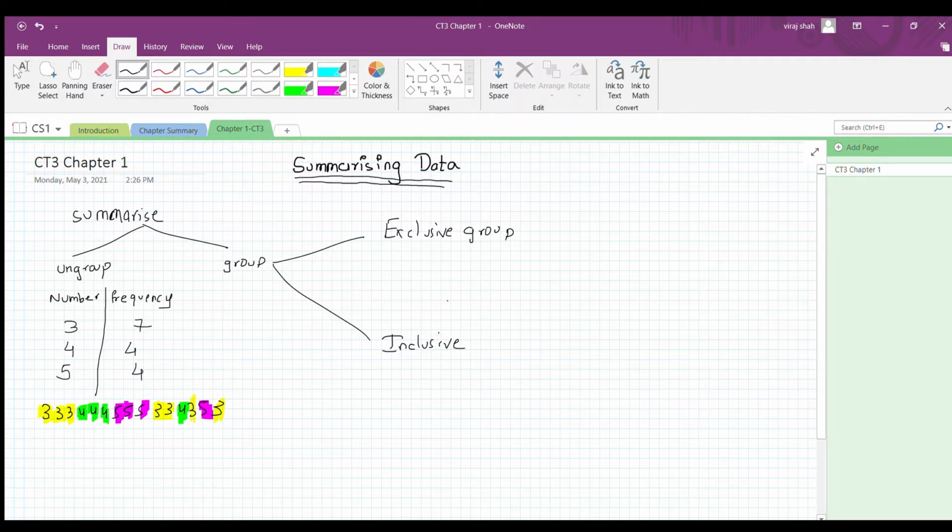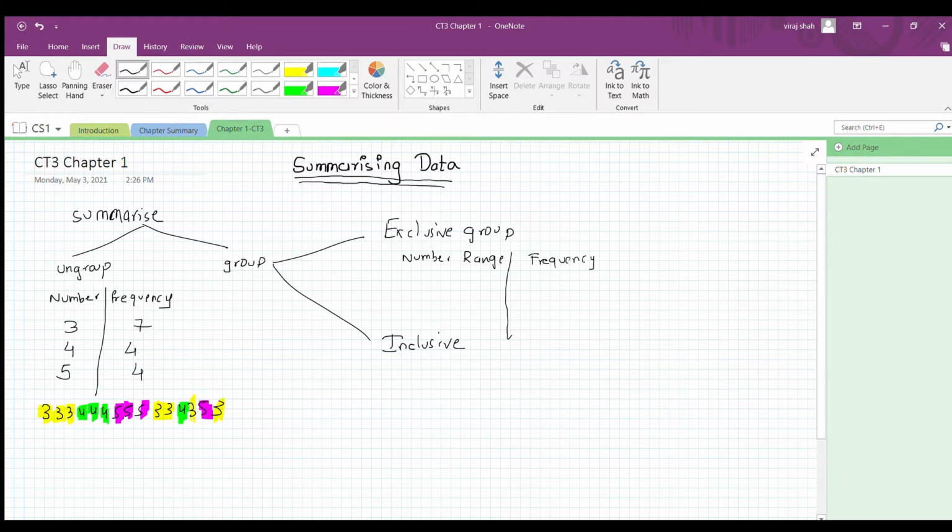So what is an example of an exclusive group? Similarly, we'll draw a table related to one group and see what exclusive group states. So this is the number range. This is frequency.